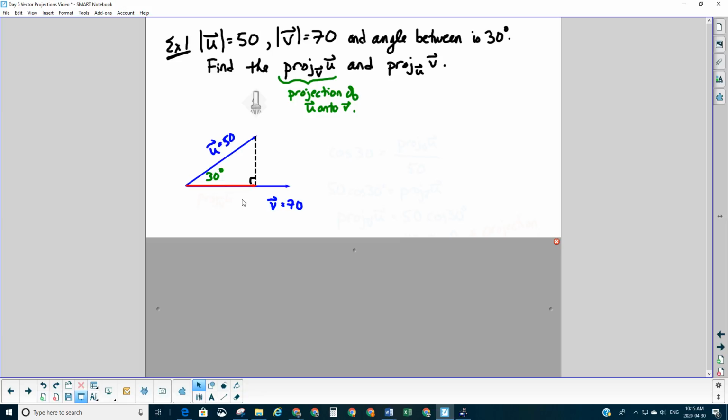So two ways to imagine it, but that red vector is the projection of U onto V.